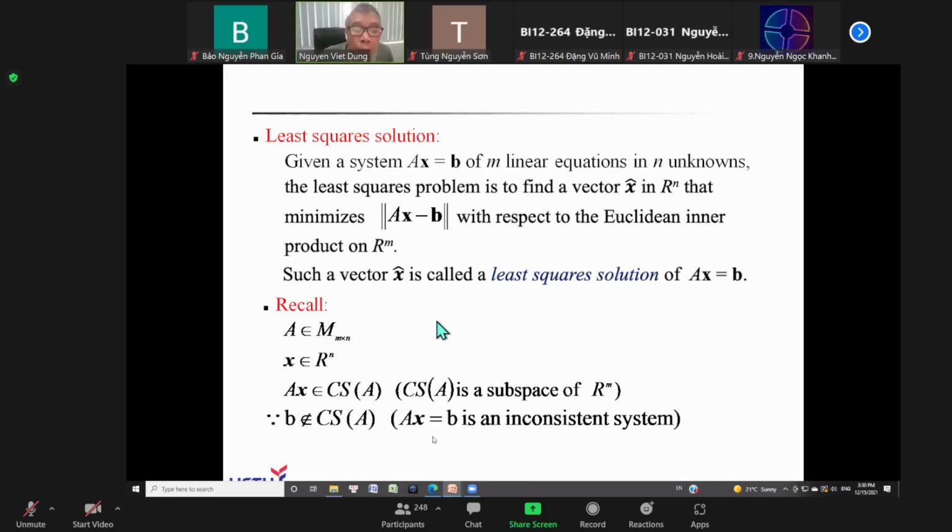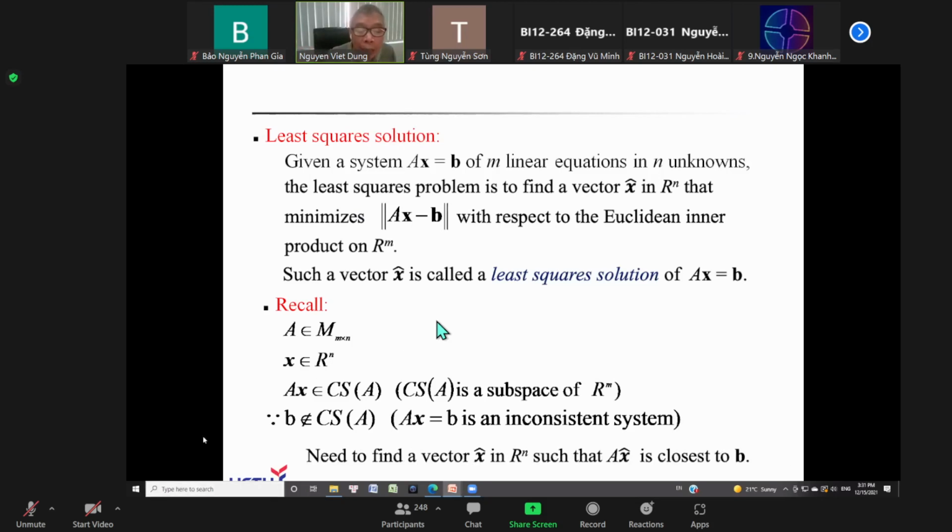Because the system is inconsistent, B does not belong to the column space of A. AX equals B is consistent if and only if B belongs to the column space. But here it is inconsistent, so B does not belong to the column space.